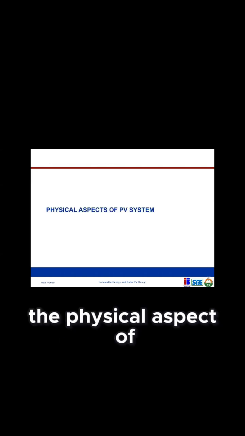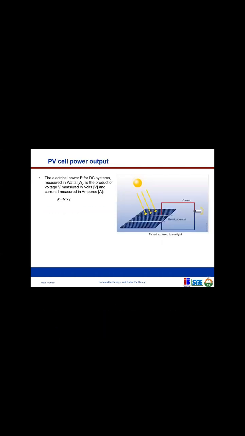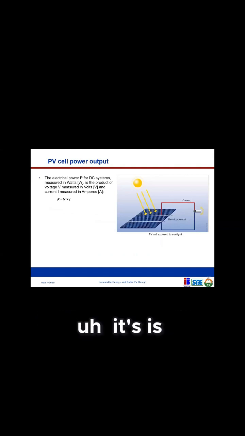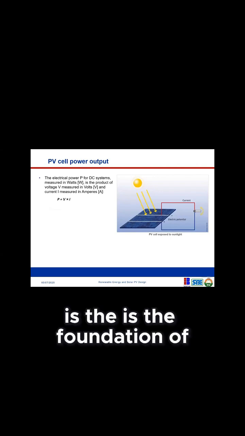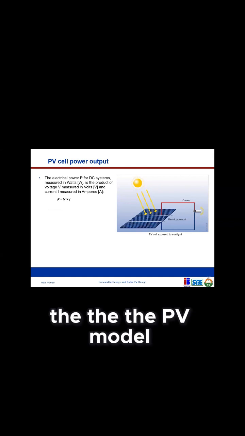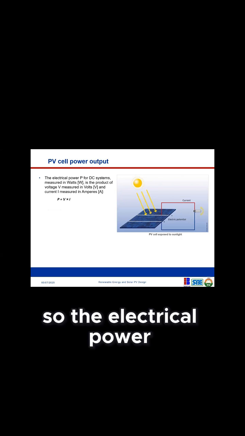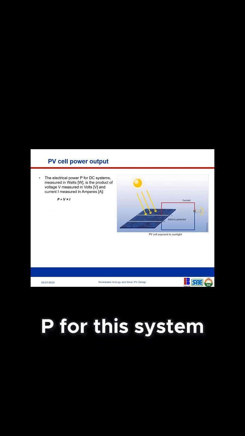So let us look at the physical aspect of a PV system. Now we're coming back to the PV system because it's the foundation of the PV module. The electrical power P for a DC system is measured in watts.